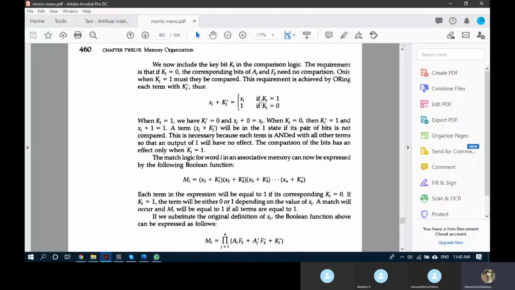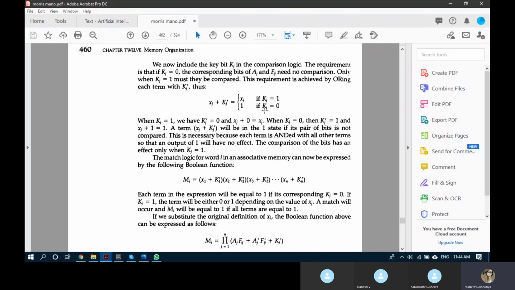Key K. If K is 1, you get the x value. We are talking about the bit position: if K sub j, meaning the first bit or the second bit, is equal to 1, then you take the value of xj, whatever the value of x is.